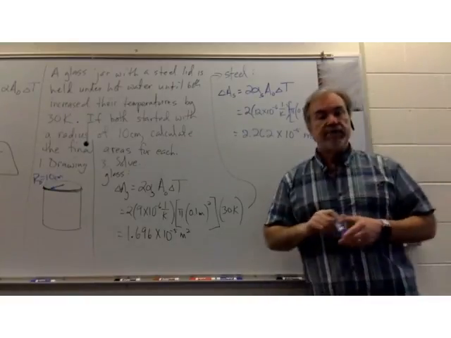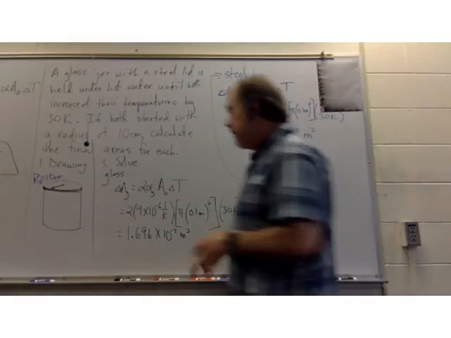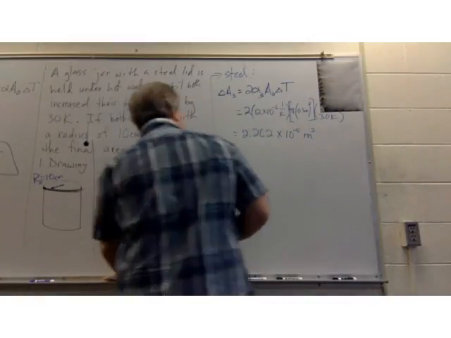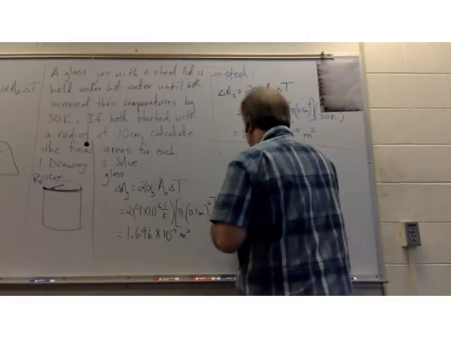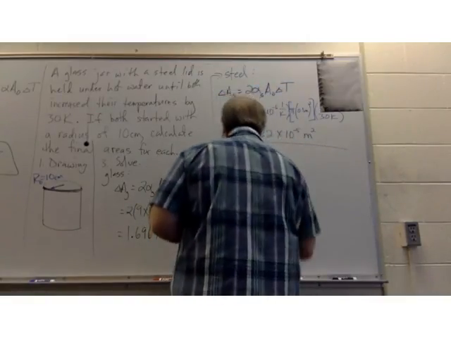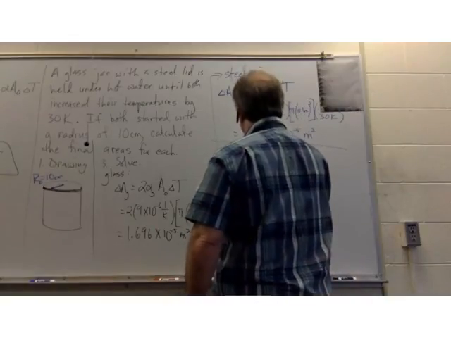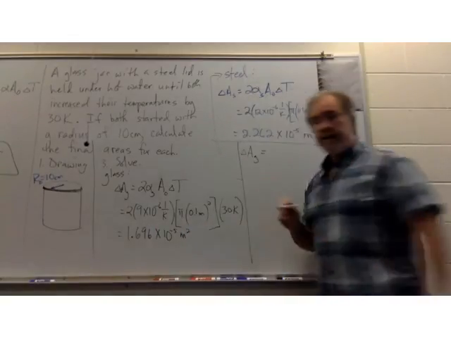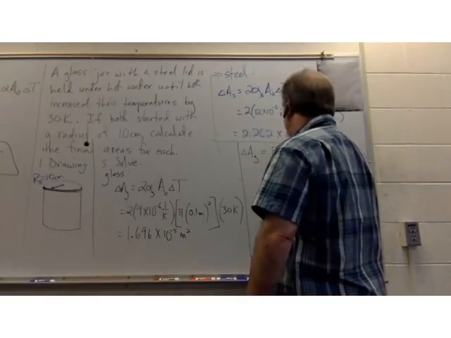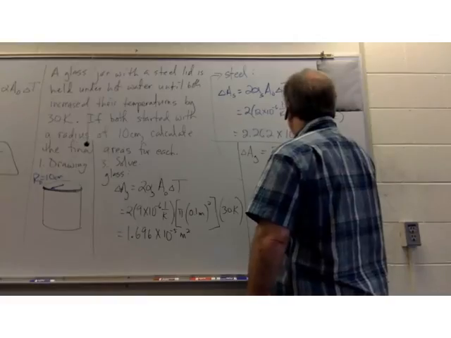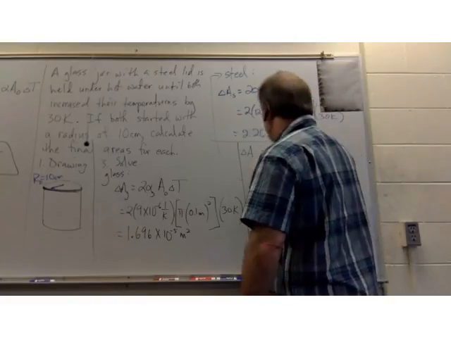But how significant this is perhaps not obvious here, so let me make it obvious by doing this calculation slightly differently. Okay, the change in dimension of the glass, going back to the algebra now, is just 2 alpha sub G A naught delta T. Actually, I'm sorry, let me do steel here first.